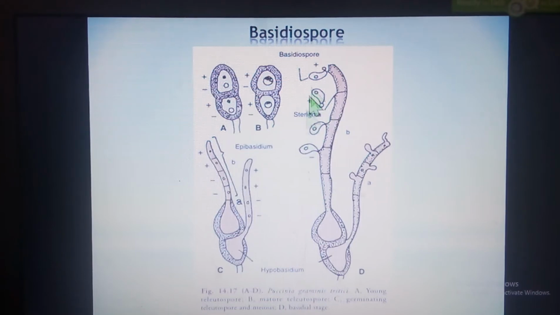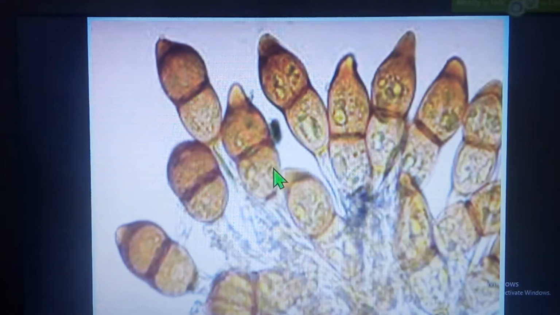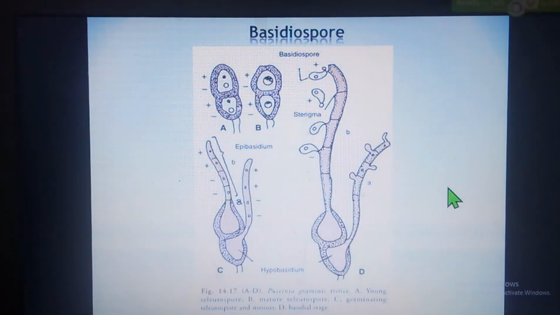Now we have four basidiospores, two of which are positive and two negative. So from all these teliospores, through the germination of all these teliospores, many basidiospores will form.